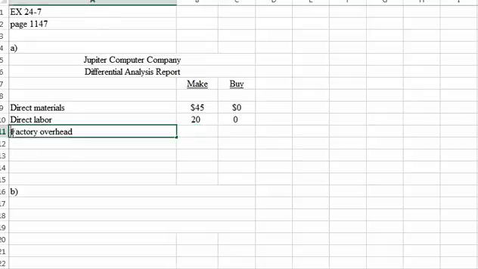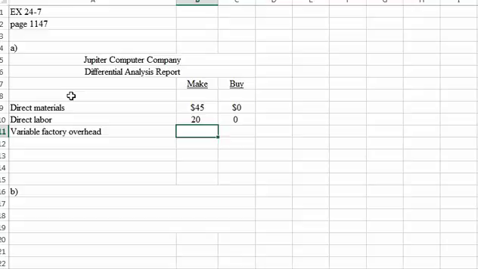I'm going to put here not just factory overhead, but variable factory overhead. Okay, and it's equal to, again, 15% of direct labor costs. So equals 0.15 times the number above, $3.